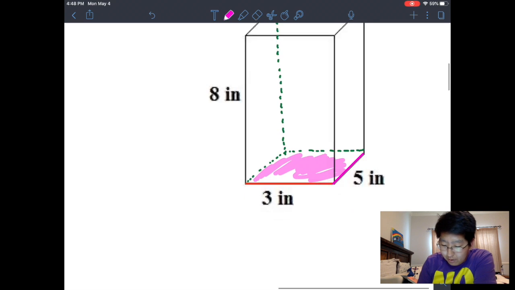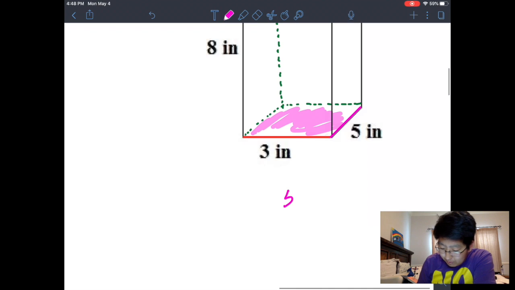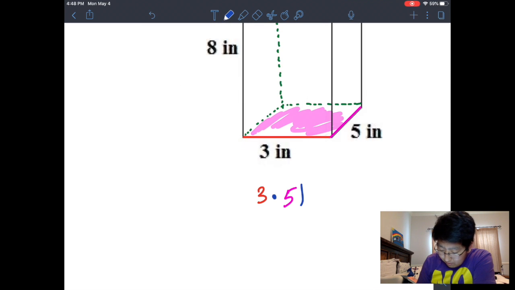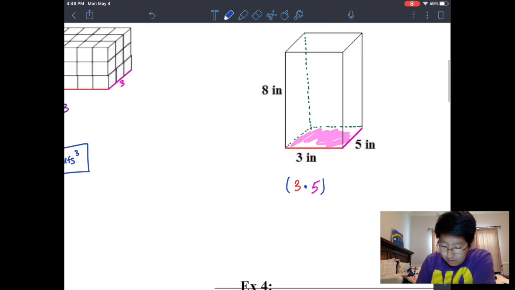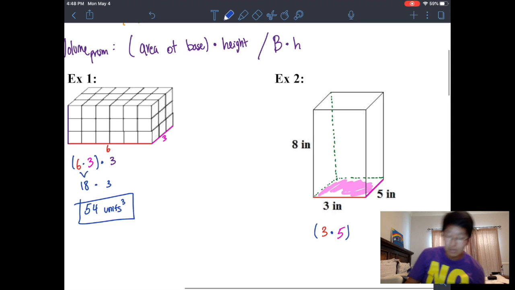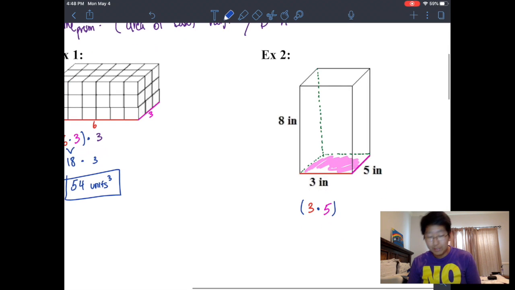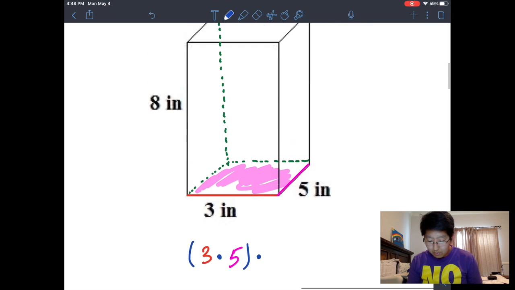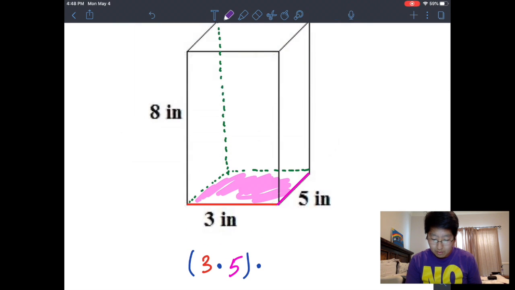So to find that area, it's going to be 3 times 5, and that's the area of the base, and that's going to be 15, right? Times the height. So I'm going to find the height of the entire shape.